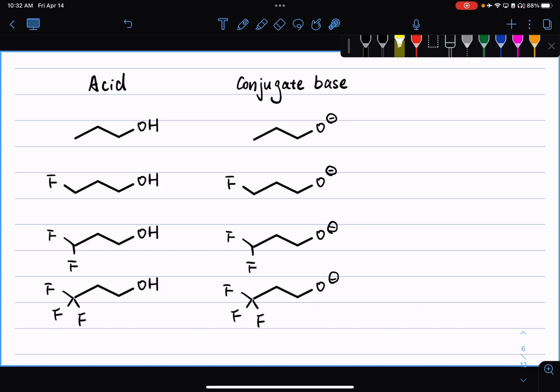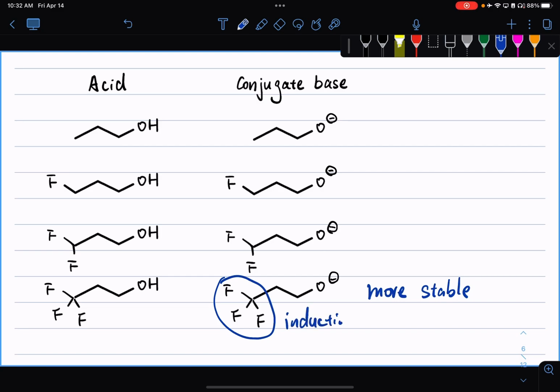So in this trend, what we have is the bottom ones are having a more stable conjugate base. And the reason they are a more stable conjugate base is because of the inductive effects. All right, and consequently, the bottom one will be more acidic.